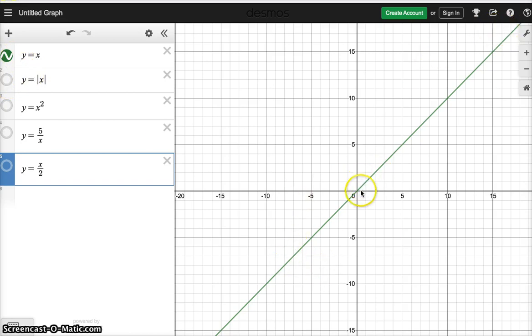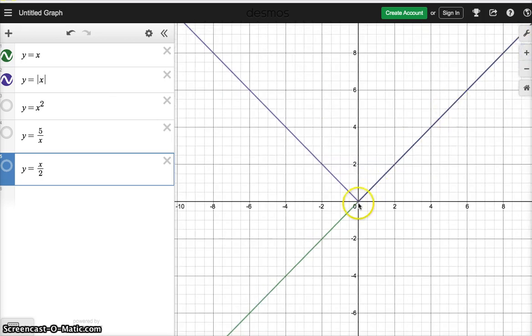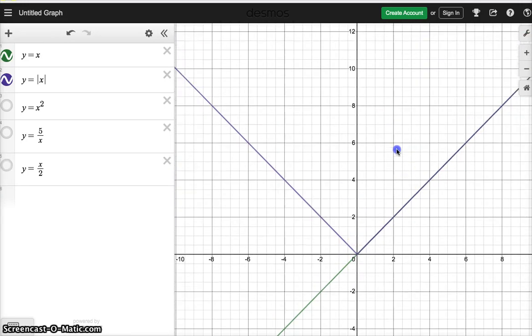That's just a standard y equals x line. And then I'm going to put this y equals absolute value of x line on. You can see here it's this purple line. It follows the green line exactly. It's exactly on top of this green line until it gets to the origin, and then it shoots off over here. So is the purple line a straight line?